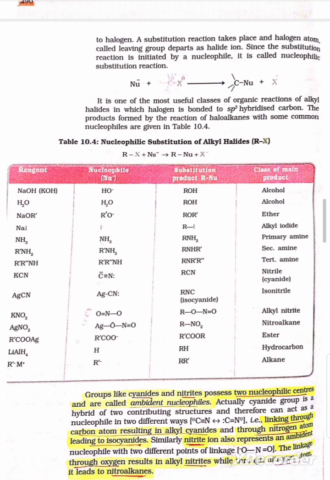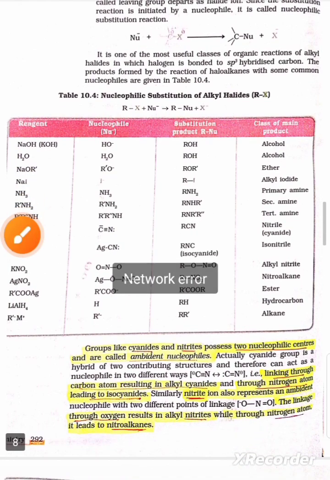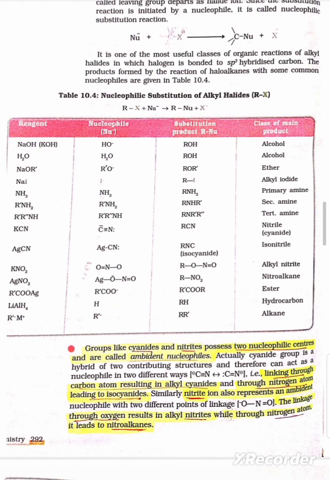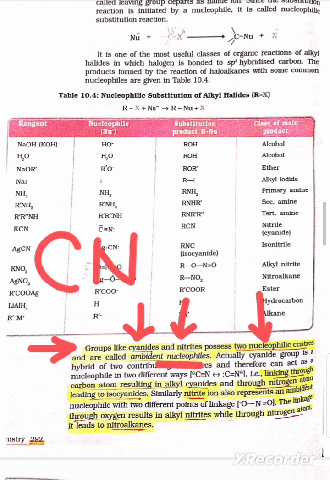Then about ambident nucleophiles: groups like cyanide and nitrite have two nucleophilic centers, so they are called ambident nucleophiles. If cyanide links through carbon, it results in the formation of alkyl cyanide.